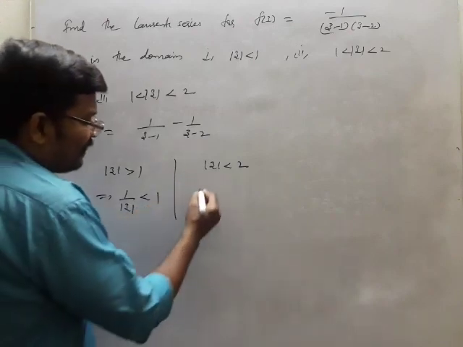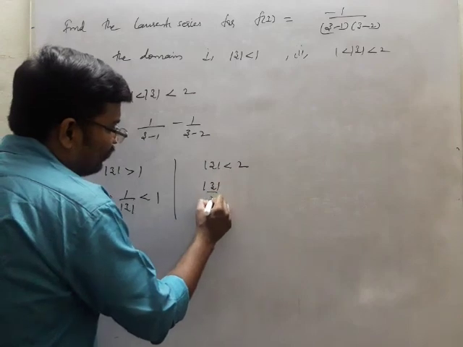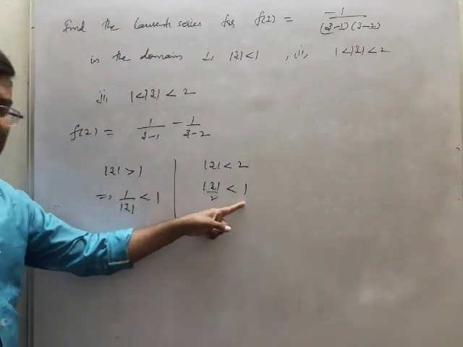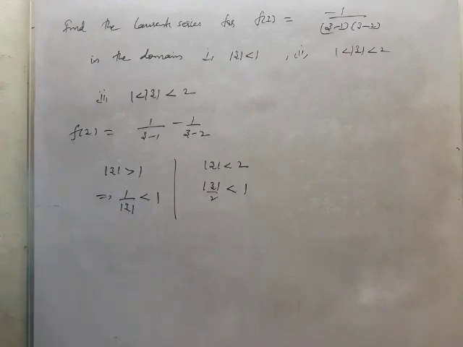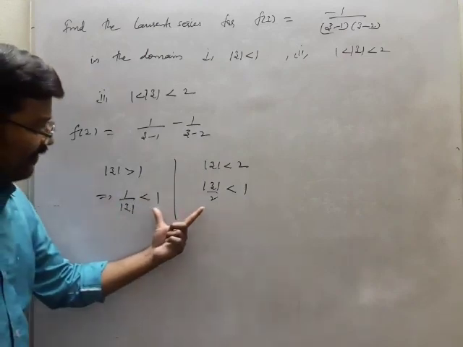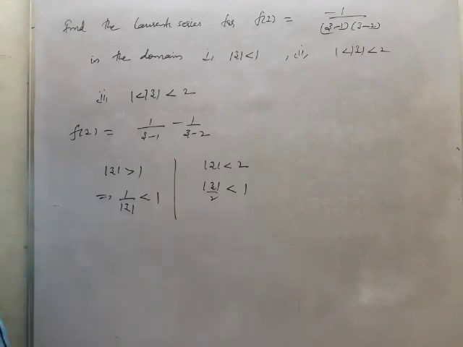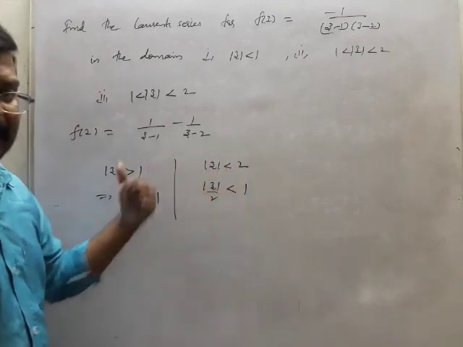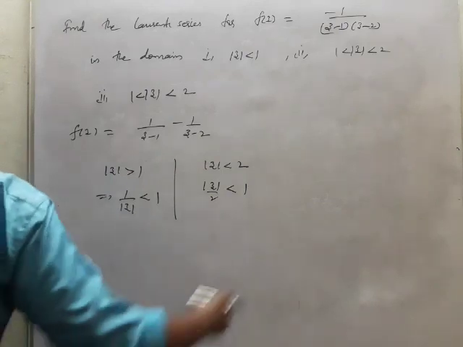So what I'll do is mod z by 2 is less than 1. So we should take these two conditions and apply them. Otherwise, if I divide 2 by mod z, that will be greater than 1 again, it's a problem again. So mod z by 2 is the condition.